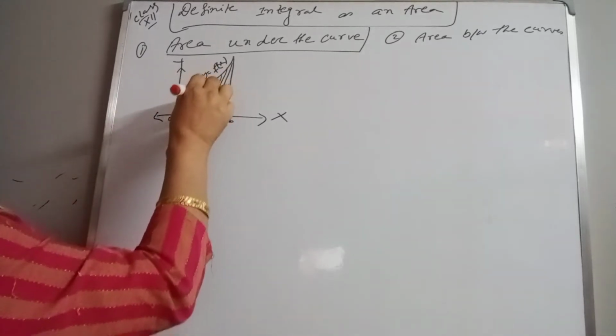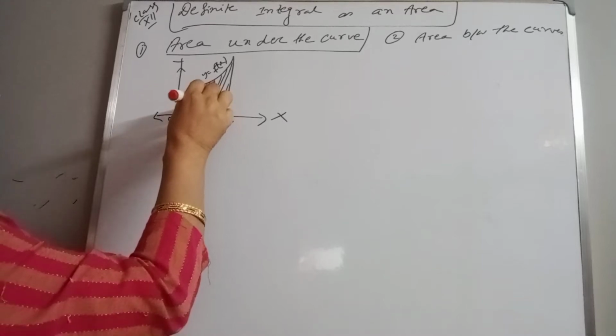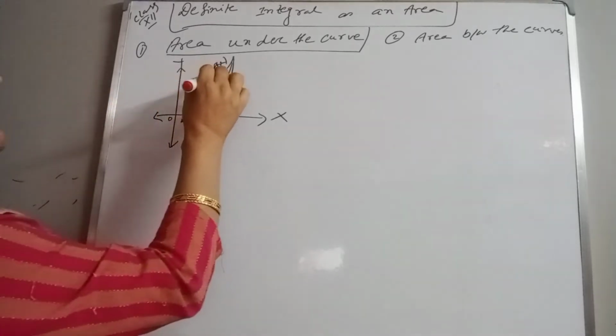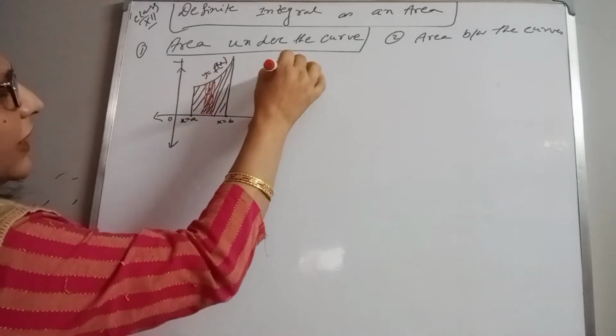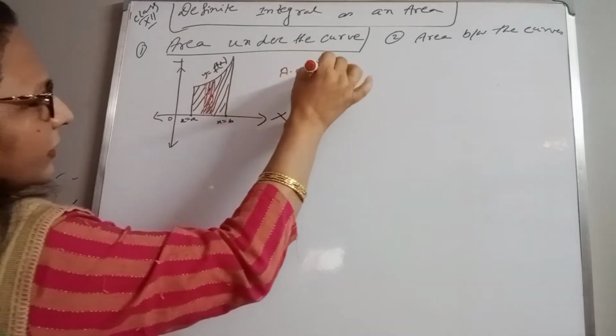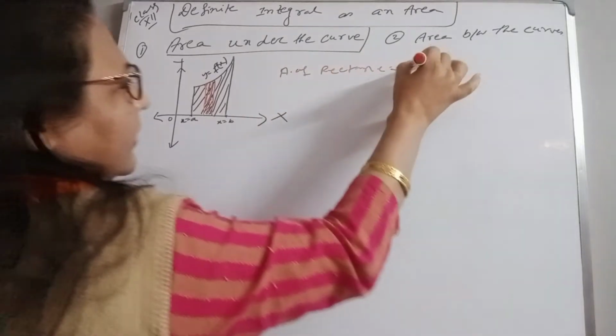If we can find the area of this strip, this is a rectangular part, and the area of a rectangle is length into breadth.